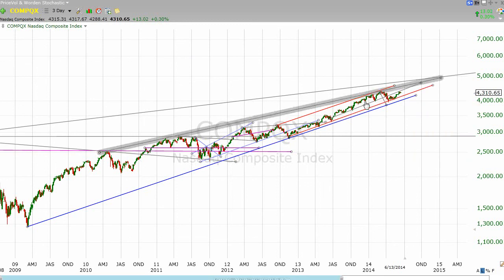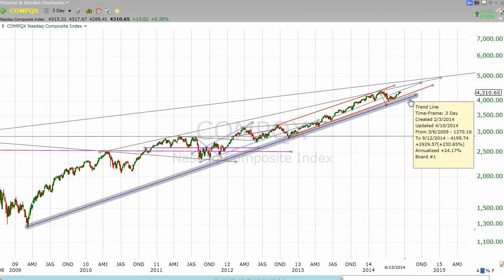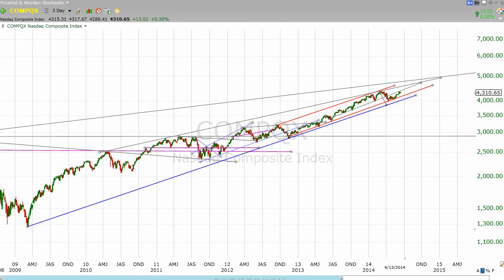Don't look at this and go, oh, geez, that's a wedge, I'm getting out. Well, I just don't think that's the right thing to do. I think the right thing to do is say this is a wedge, and a wedge is confirmed when the lower support line breaks. So wait for the break. Until then, enjoy these rallies.